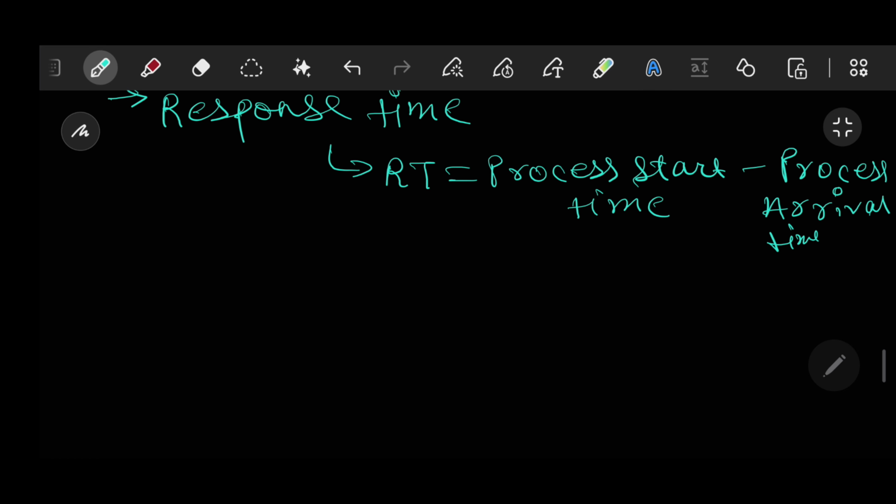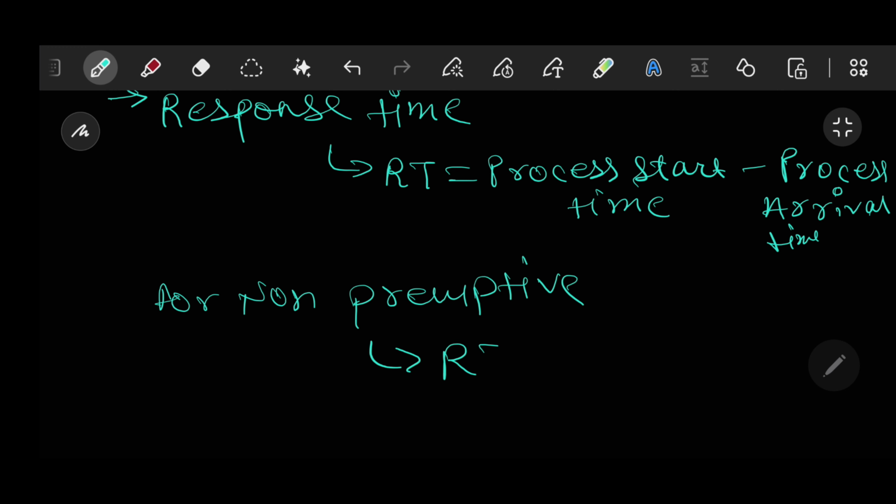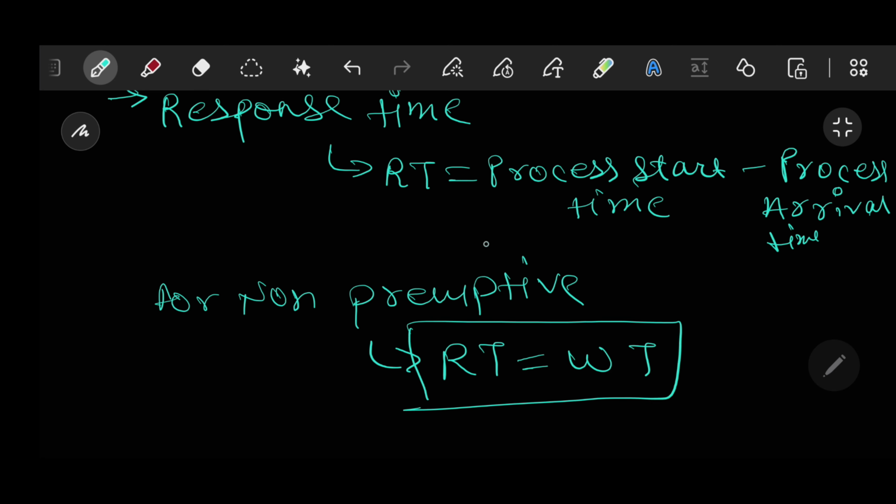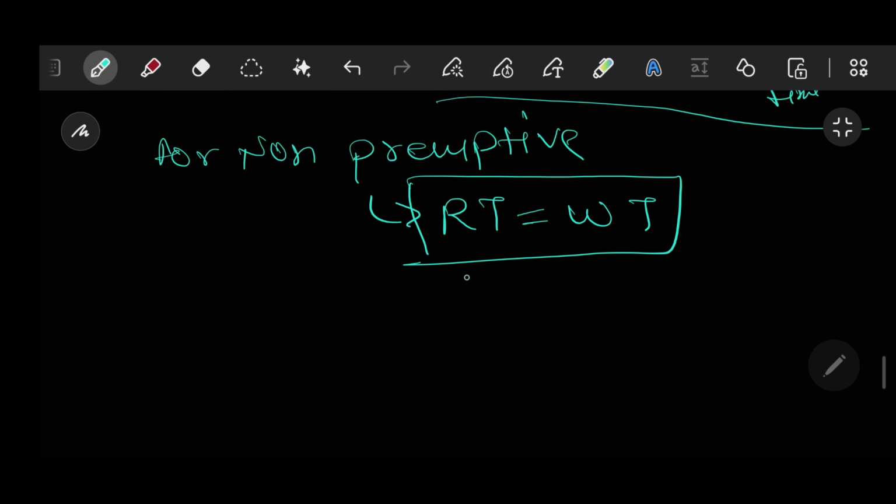For non-preemptive scheduling, which we are discussing right now, response time is equal to waiting time. Because in non-preemptive, when a process gets the CPU, it executes completely. Therefore, for non-preemptive, response time is equal to waiting time.